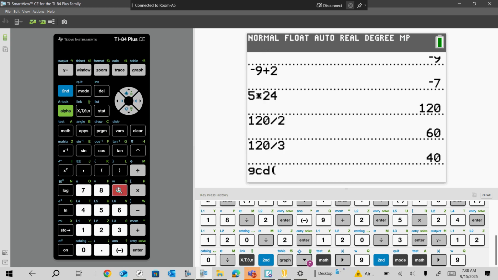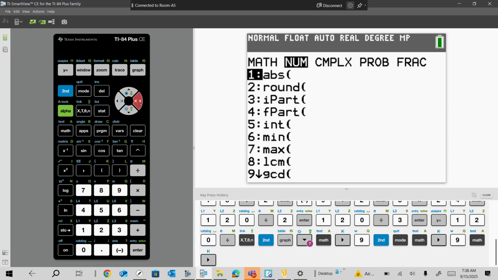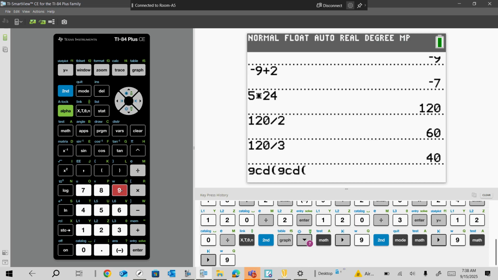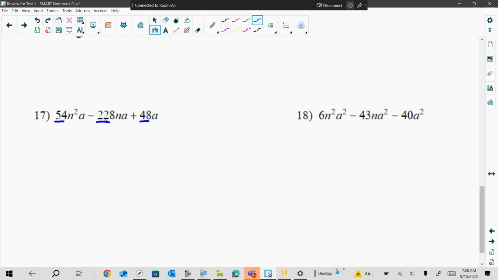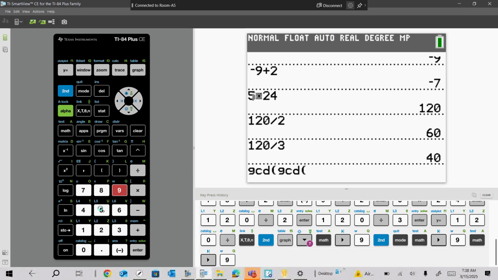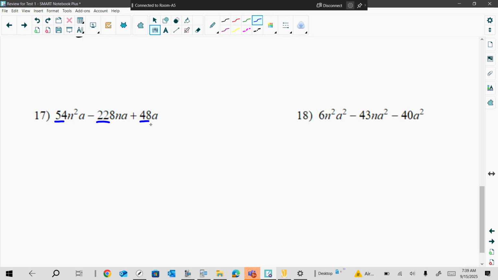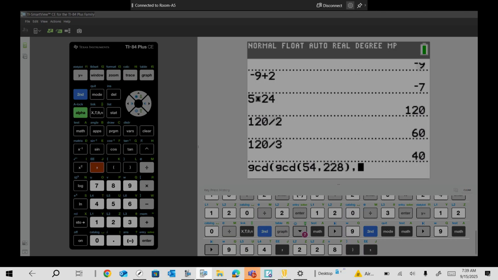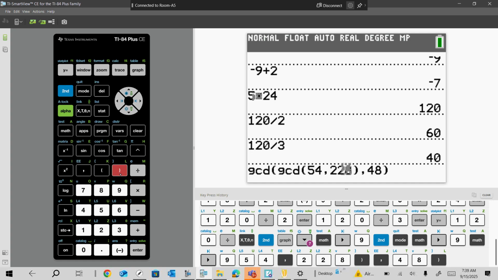I'm gonna do this twice because I'm putting the first two numbers, which were 54 and 228, in the first parentheses, and then I'm gonna put a comma and put the last term, which was 48, and then close the parentheses.